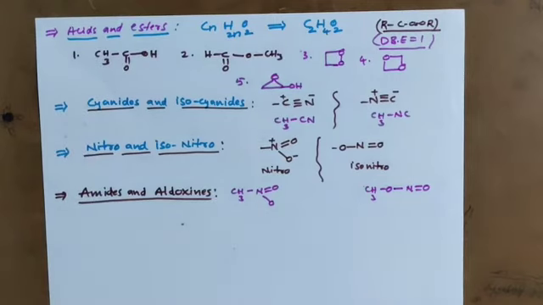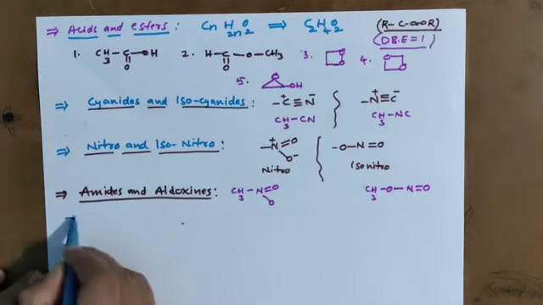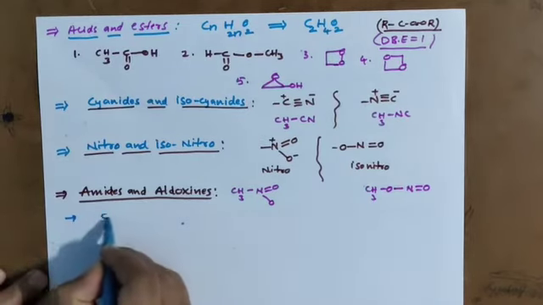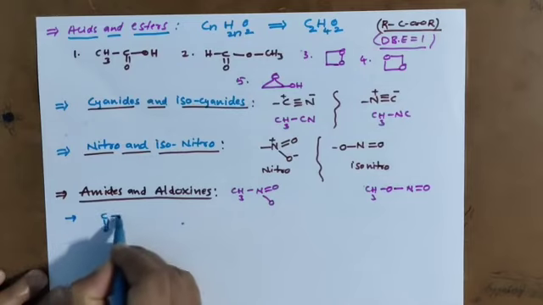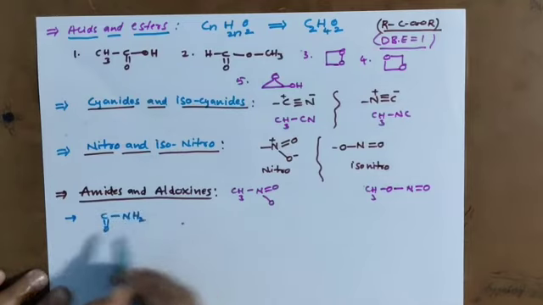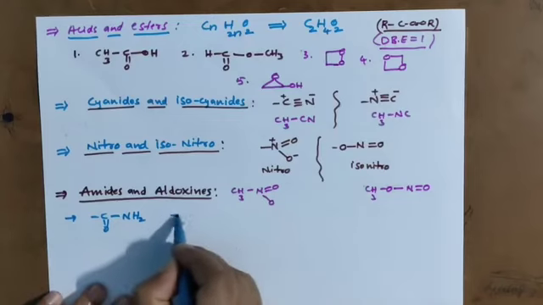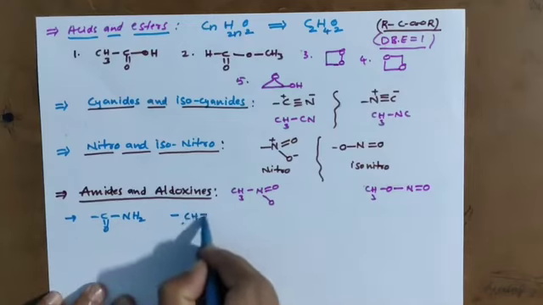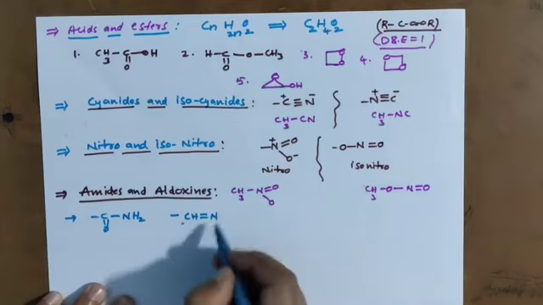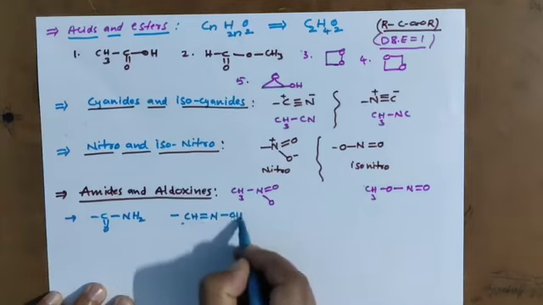Clear? Amides and aldoximes are functional group isomers. See here, amide you know: C double bond O and NH2. Aldoxime: CH double bond N bond OH.